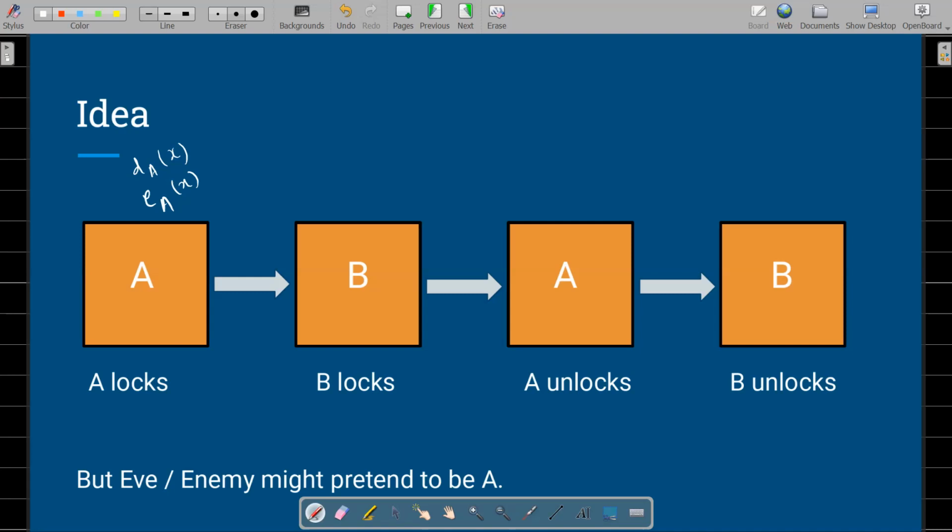So this is in principle the idea to send a message from A to B, or to exchange a key without actually meeting. This may be done through some courier or by post. A sends it to B, putting A's lock, whose key is only available with A.